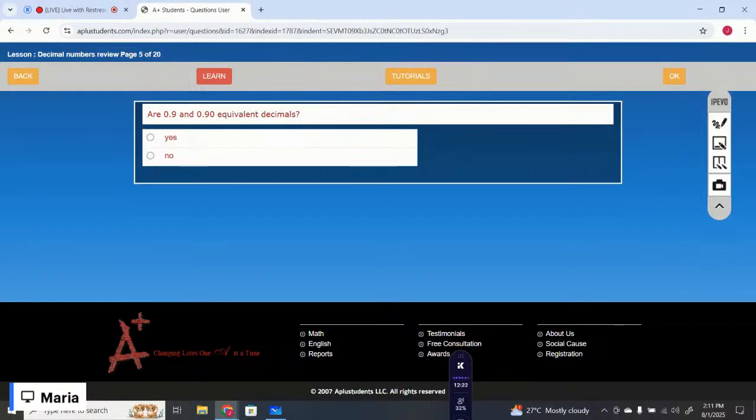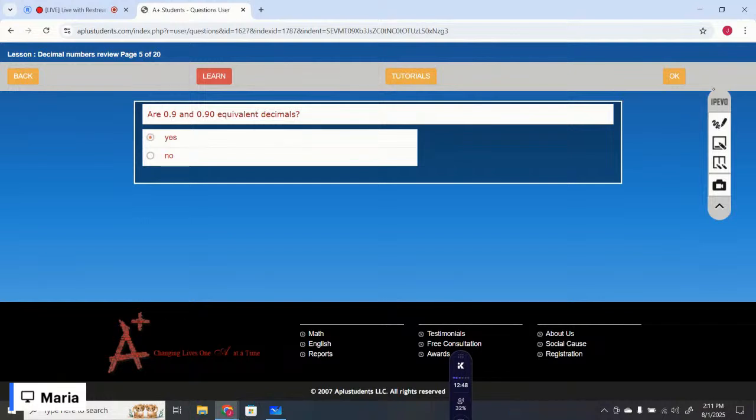Are 0.9 and 0.90 equivalent decimals? Yes, they are exactly the same. Yes, they are exactly equivalent.